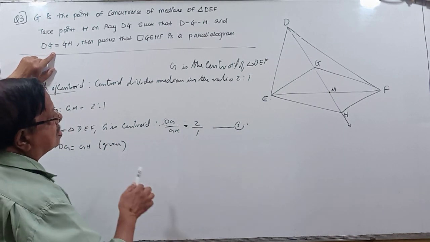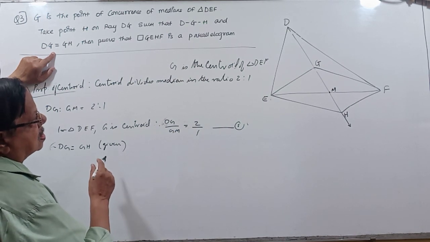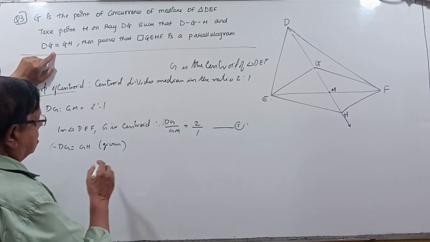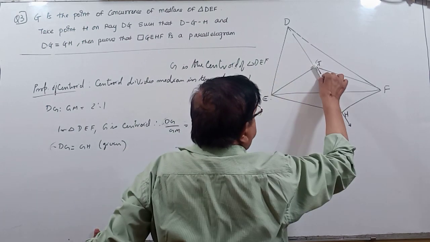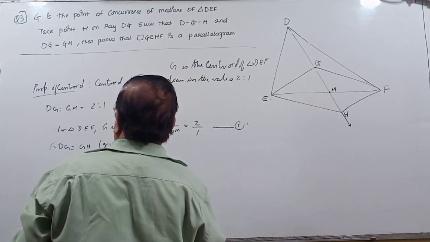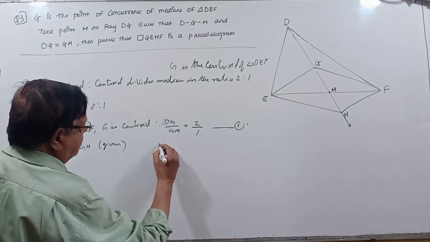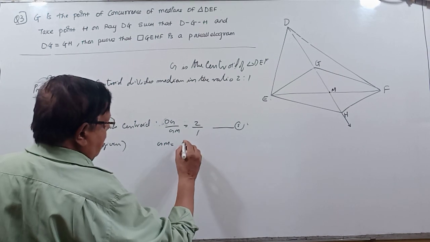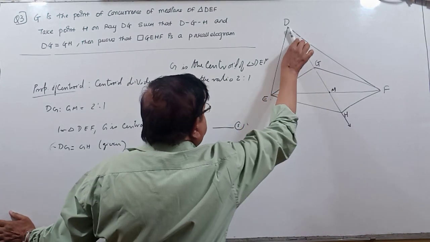Now, this upon this is 2:1. Therefore, GM equal to half of DG.